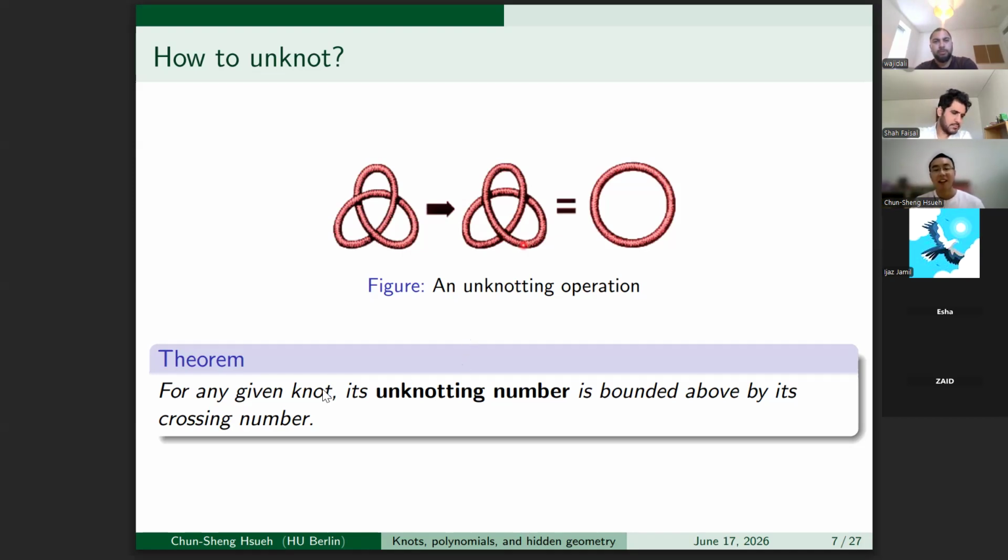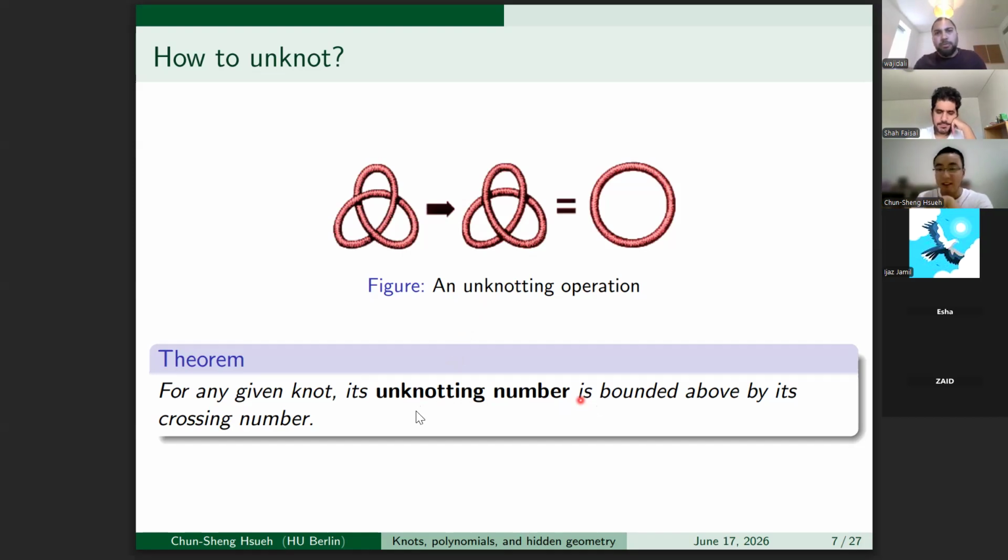So this is also supposed to prove the following theorem about the unknotting number. I haven't defined it: it's the minimal number of times you need your knot to cross itself to become the unknot.